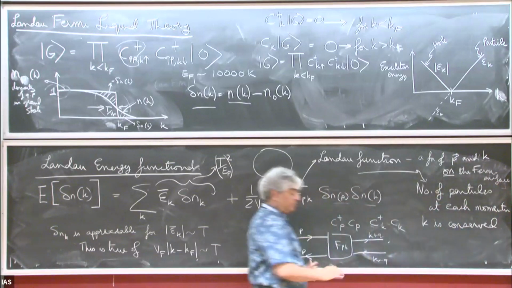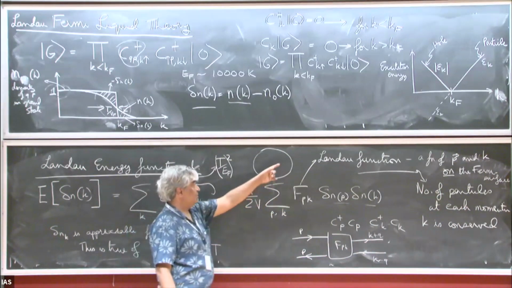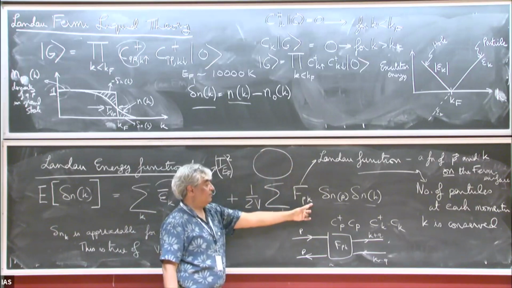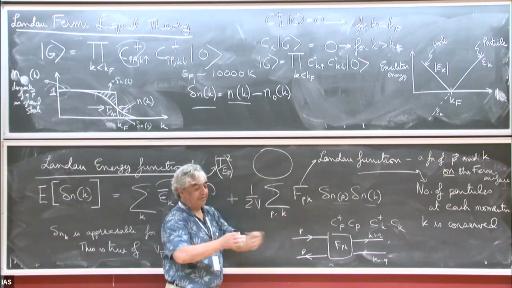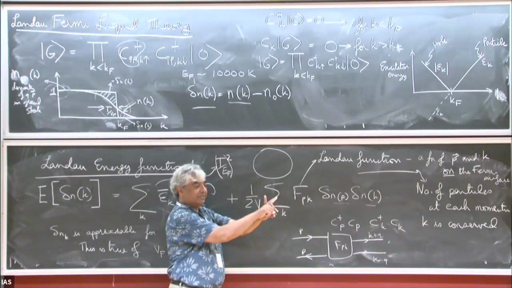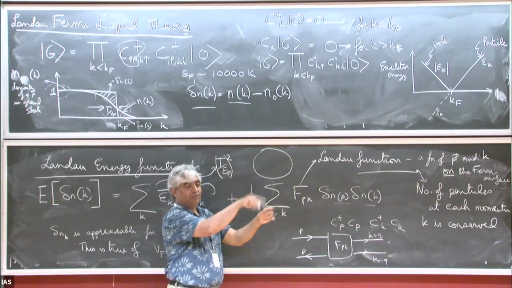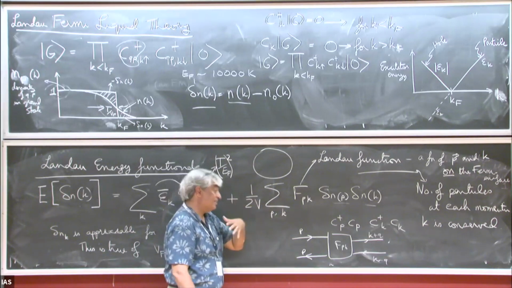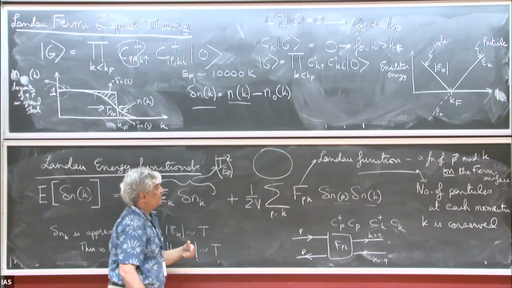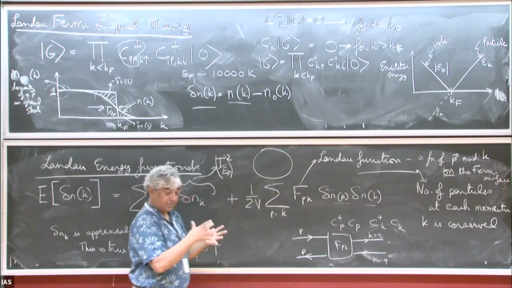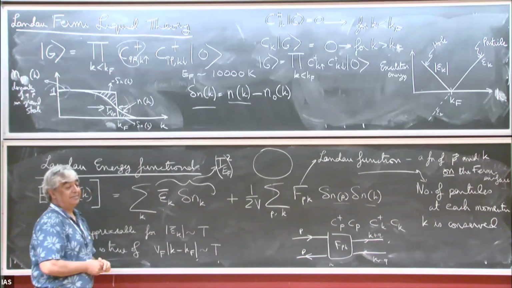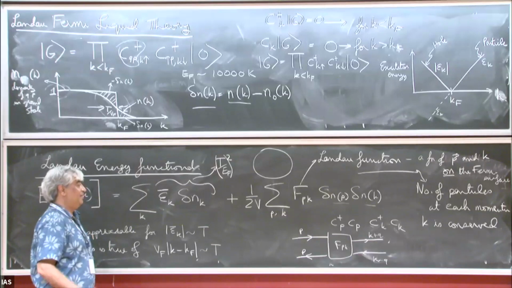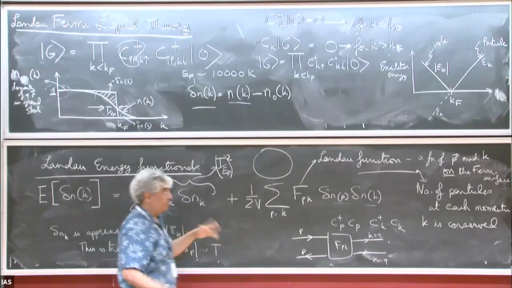If you're in, say, 2 dimensions in the continuum, it's a function of 2 angles. But if you have translation invariance, it can only be a function of the difference of the angles. So in the end, it's just a function of 1 angle in the continuum without a lattice. In 3 dimensions, it's convenient to decompose into angular momentum modes, and so you have F0, F1, and so on. On the lattice, there's no constraint. You have to just know the function.